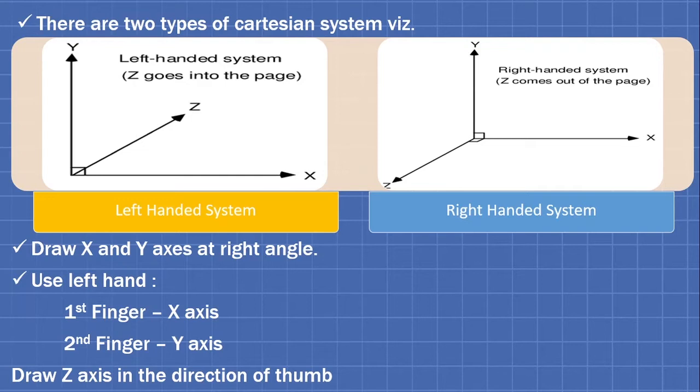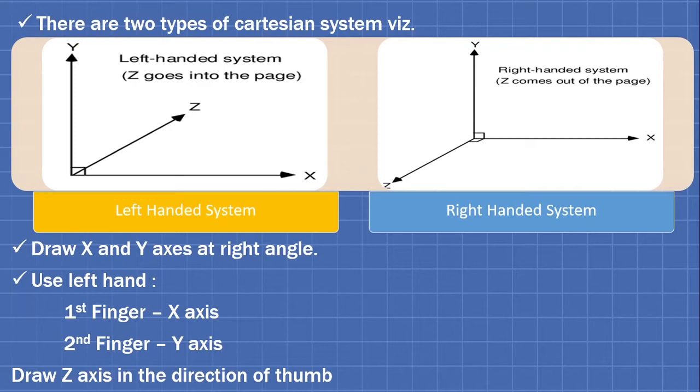Doing so, whatever the direction your left thumb is indicating will be the direction of z, and any Cartesian coordinate system drawn by these rules using the left hand is called a left-handed system, while most commonly we all use the right-handed system.